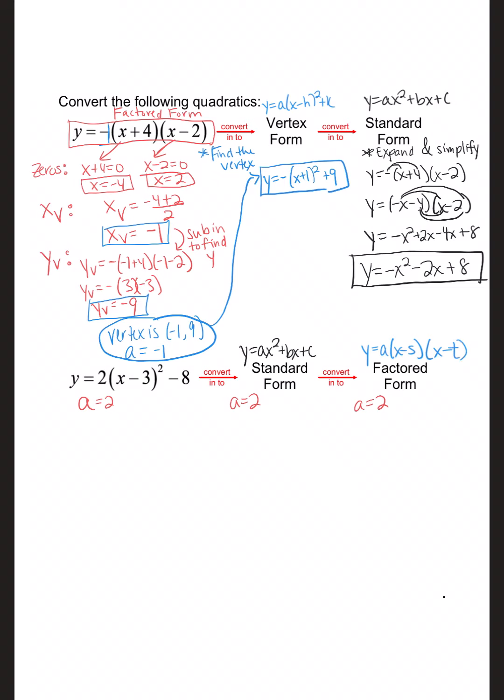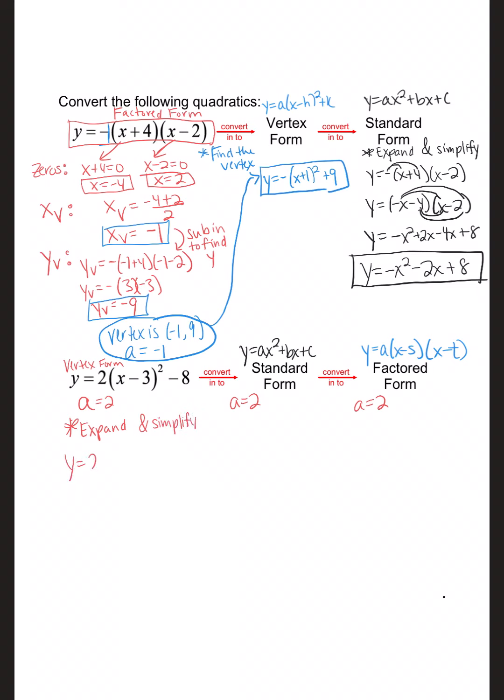That's what we're trying to get it to look like. So we'll start right here with our vertex form. And if we're trying to get it into standard form, we're going to need to expand and simplify.